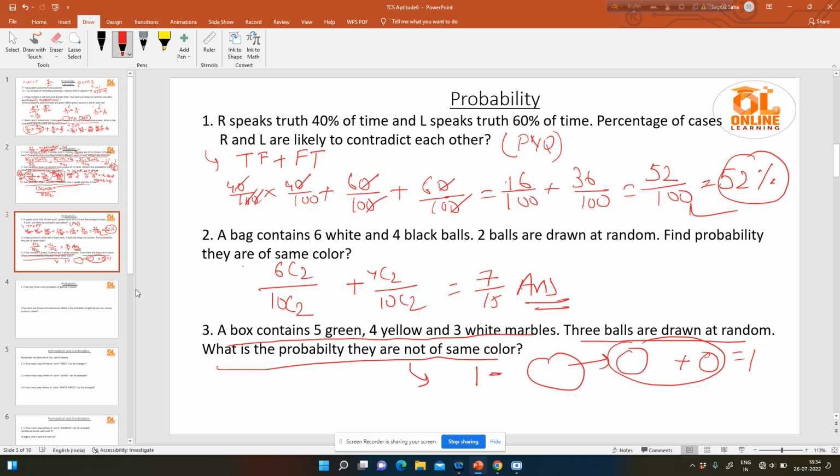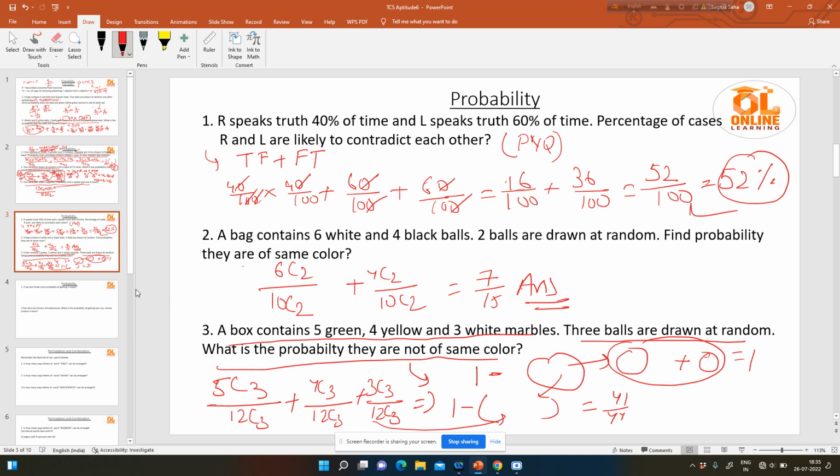So to find the probability of same color, we have to do 5C3, as 3 balls are drawn at random, by 5 plus 4 plus 3, there are 12 balls, so 12C3, plus 4C3 by 12C3 plus 3C3 by 12C3. So our answer would be 1 minus this whole. If you solve this, you will get the answer as 41 by 44.